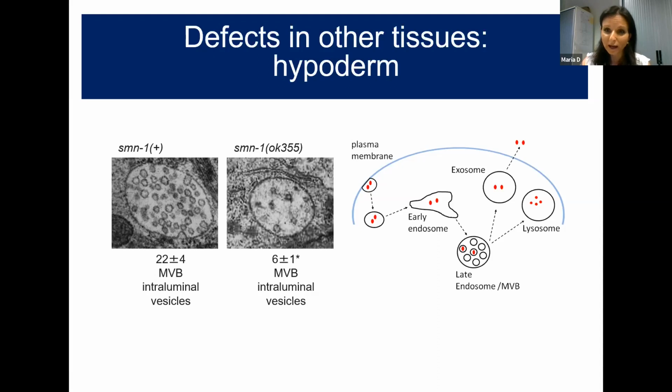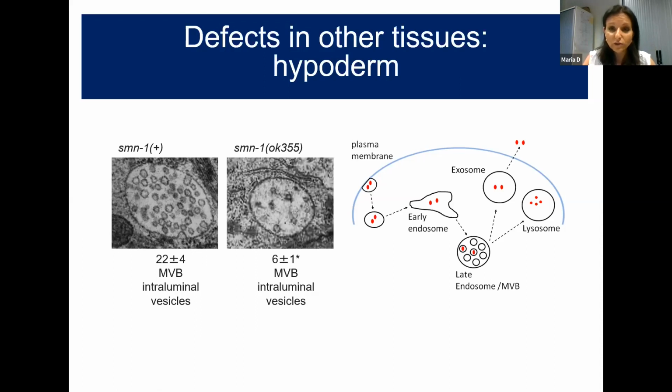And obviously I looked back in the worm atlas and we found out that these structures are called multivesicular bodies. The multivesicular bodies are basically structures which we call late endosomes, and they're important for endocytosis again.